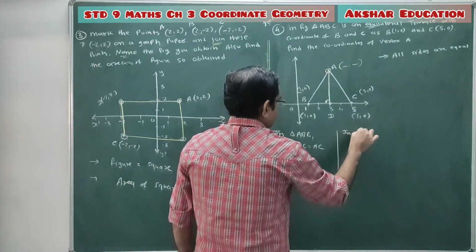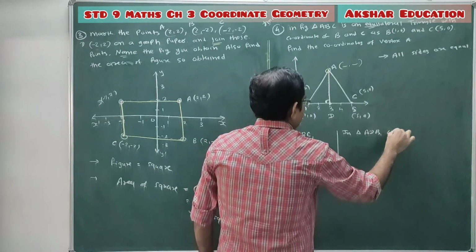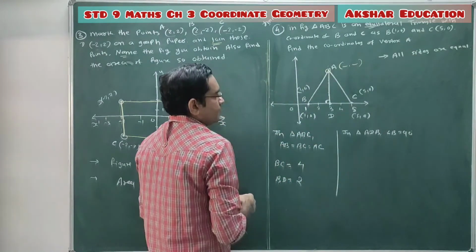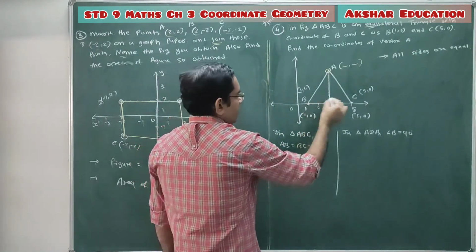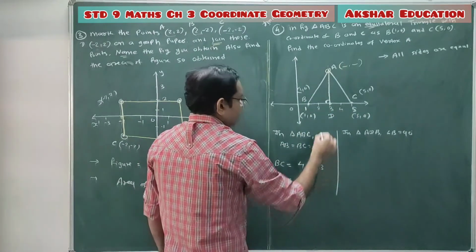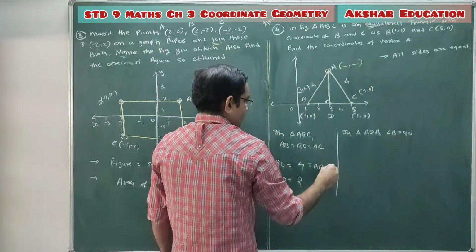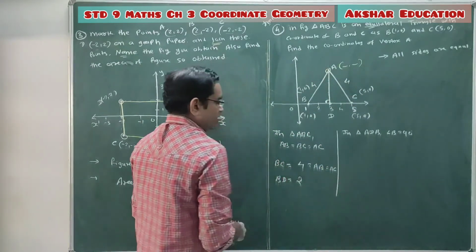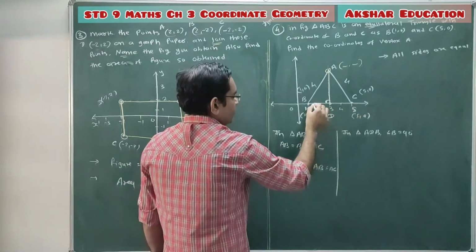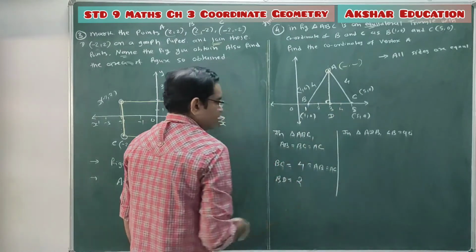In triangle ADB, angle D is 90 degrees, and all the sides of the triangle ABC are equal. So BC equals 4 units, AB is also 4, and AC is also 4. So the length of all the sides is 4 units. D is the midpoint of BC, so the length of BD is 2 units. It is also seen over here.